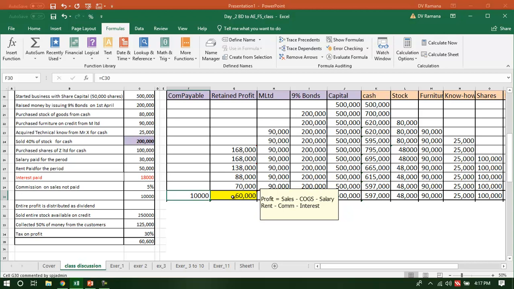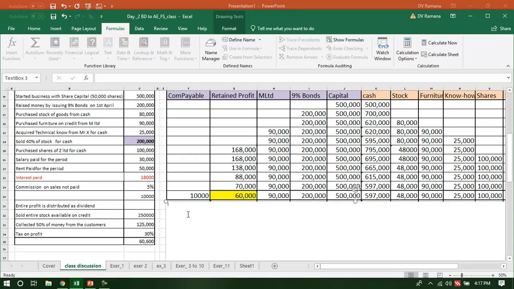So profit is equal to sales minus the cost of goods sold minus salary minus rent minus interest minus commission, even if the commission has not been paid. So the profit of the company is now 60,000. Let us assume that the company has to decide about the profit. At this juncture, let us assume there is no tax. So the entire profit is distributed as a dividend.